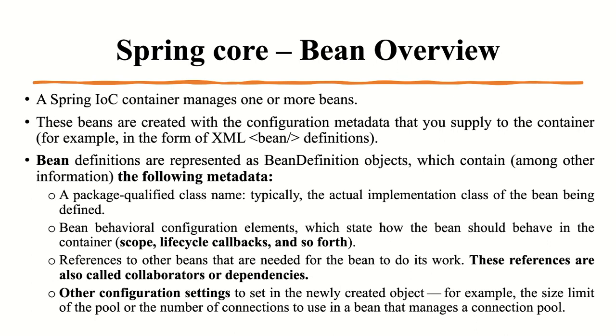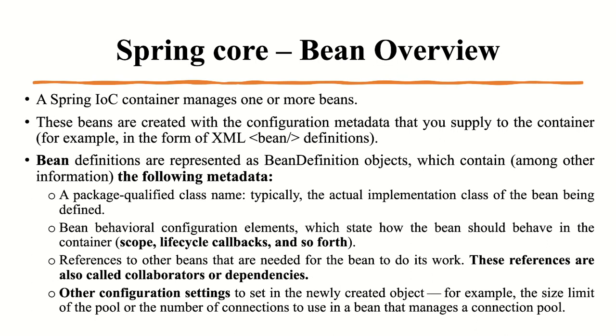In that case, when we specify configuration metadata and a bean class, the IOC container manages the bean by creating configuration metadata which is a combination of the two, and it is supplied to the container.